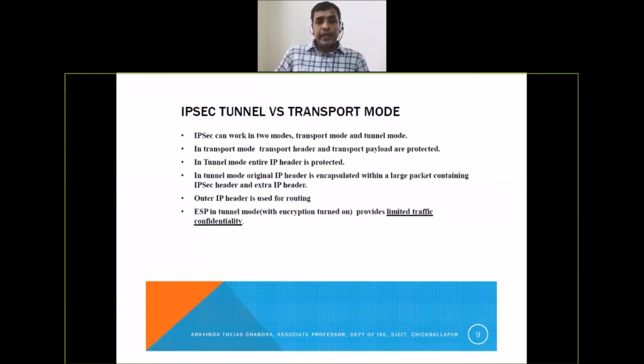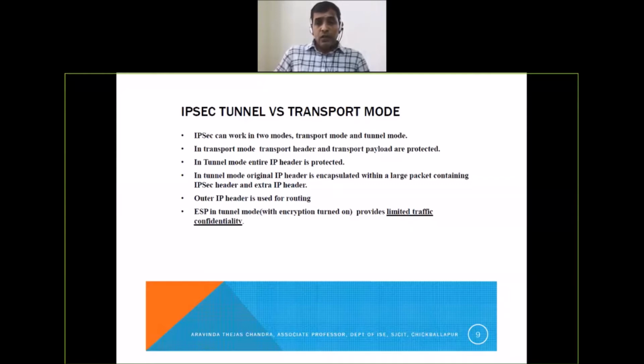The next point is ESP in tunnel mode. When encryption is turned on, that means when confidentiality is used, ESP in tunnel mode provides limited traffic confidentiality. That means it won't reveal who is the actual sender and who is the actual receiver.